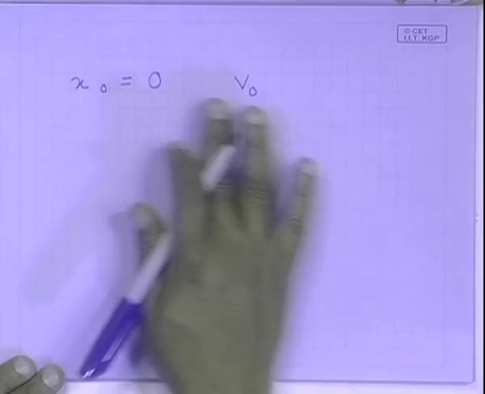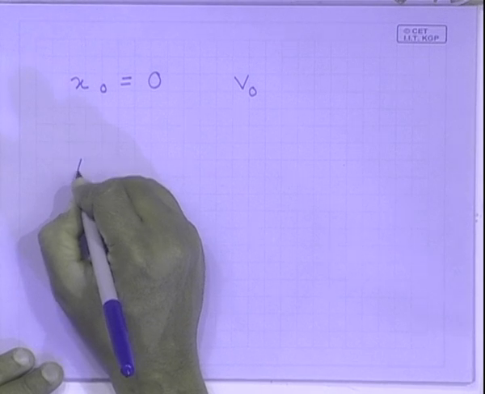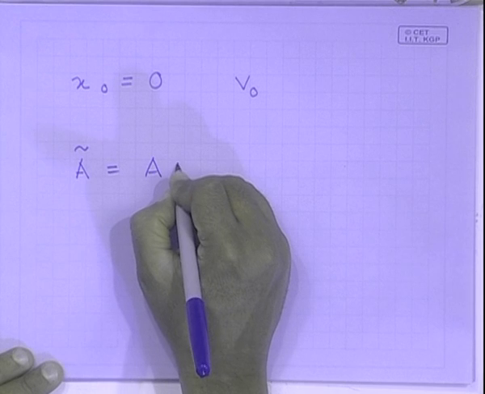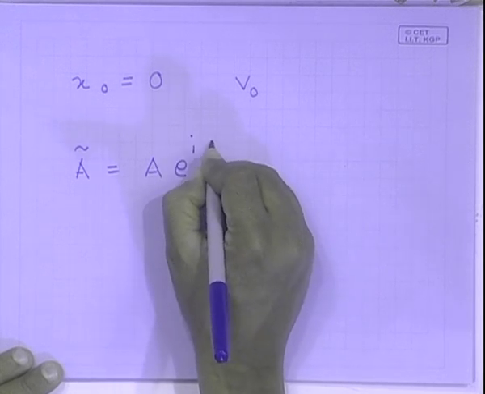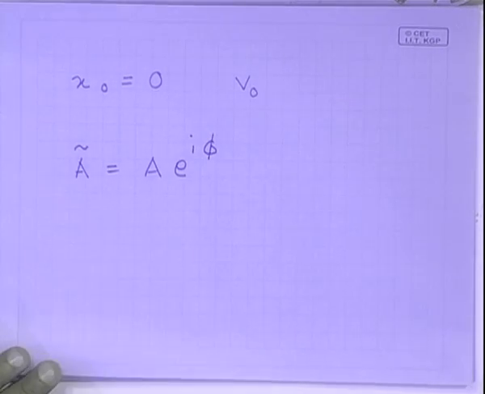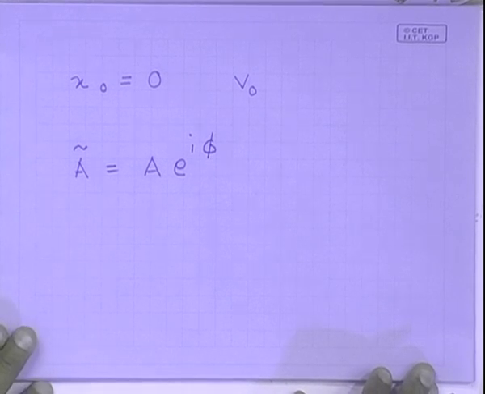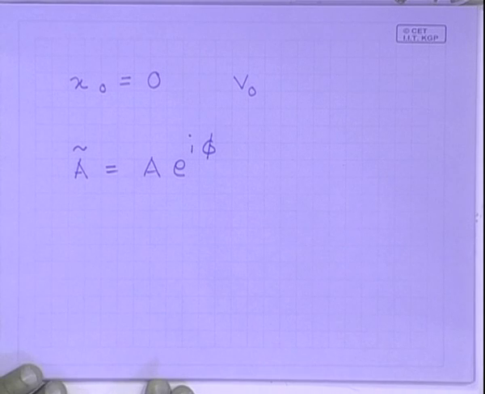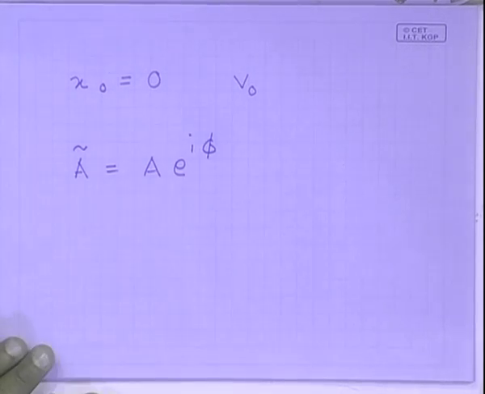So, you have to now find, for these initial conditions, the phase of the oscillator. The phase of the oscillator comes in the complex amplitude, which can be written as a e to the power i phi. So, the problem is you have to find the phase of the oscillator for this particular situation where the oscillator is initially at rest and it has an initial velocity v naught.